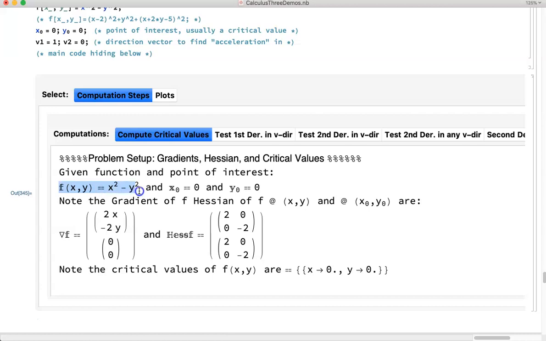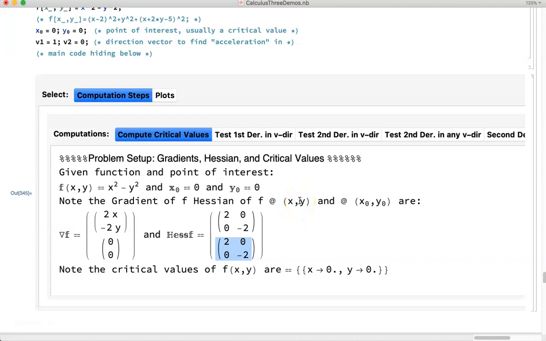In this case, a much simpler function, x squared minus y squared at the point x naught, y naught. We can compute the gradient, and you can compute the gradient at that point. Notice that the gradient at this particular point, 0, 0, is 0, 0. This is going to become important for us in the future. When the gradient evaluated at a point is the 0 vector, that's called a critical point. And we've looked at the Hessian, and we've evaluated the Hessian at the point. Okay.